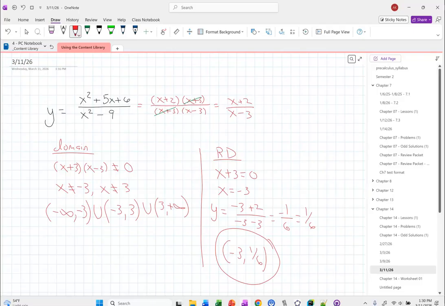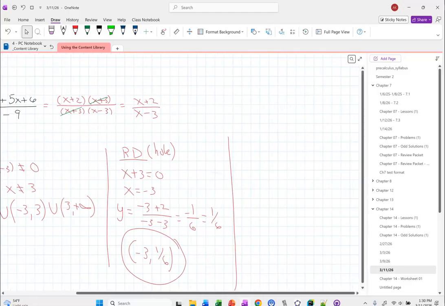Just take your value for the removable discontinuity, plug it back into the reduced equation, and that gives you the y coordinate. So it's x comma y. That's the removable discontinuity as a whole.